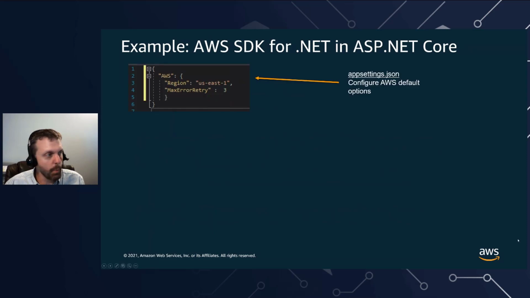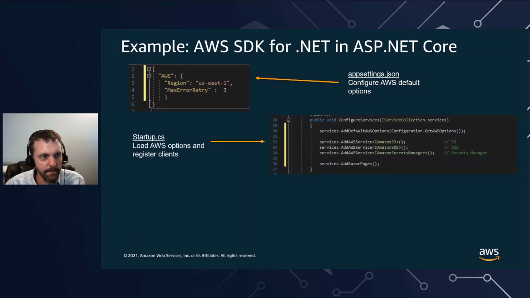So this is just an example of what I was just talking about. First, we can use something like our app settings file to configure the AWS SDK for .NET.